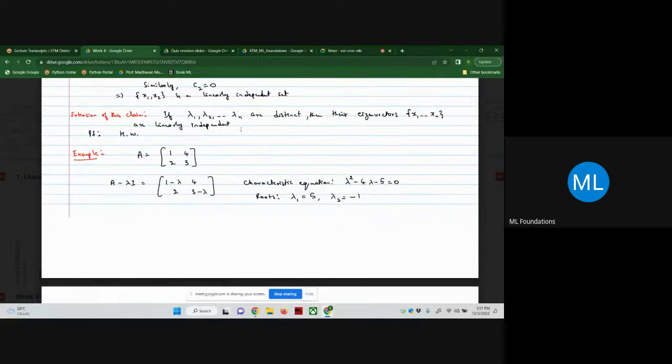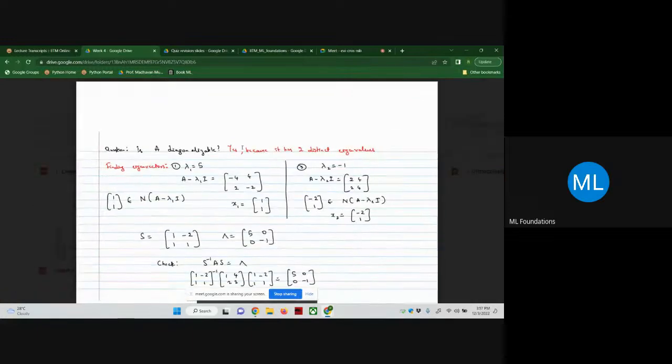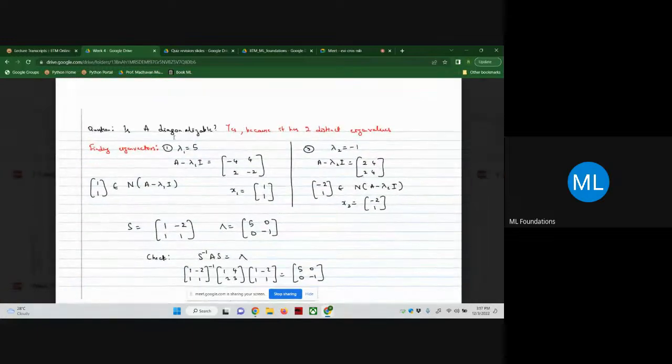When we have n distinct eigenvalues, then the eigenvectors are going to be linearly independent. So for a matrix A to be diagonalizable, it should have distinct eigenvalues.